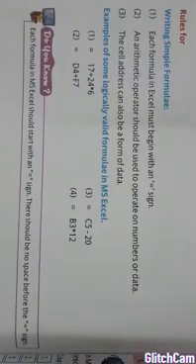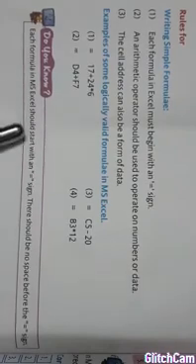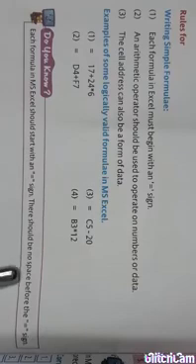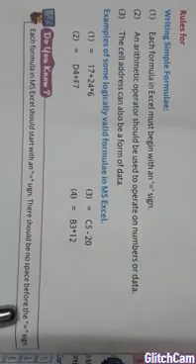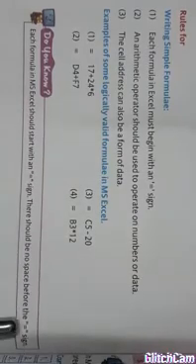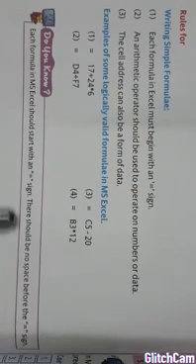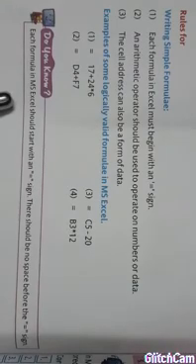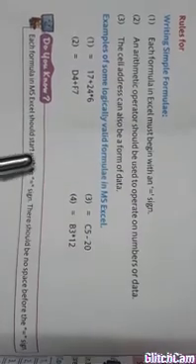Each formula in MS Excel should start with an equals to sign. There should be no space before the equals to sign. It means if we are going to write a formula in MS Excel, the formula will always start with an equals to sign. You can see it written here in the formula bar.